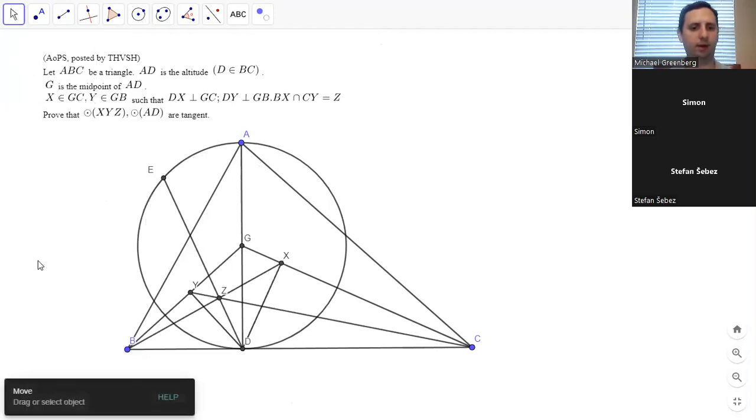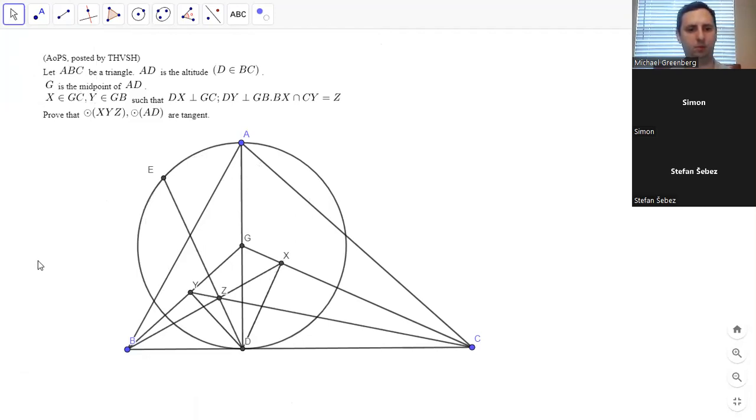I'll leave it like this for now. So maybe we can use Brocard's theorem. Maybe we could use inversion.